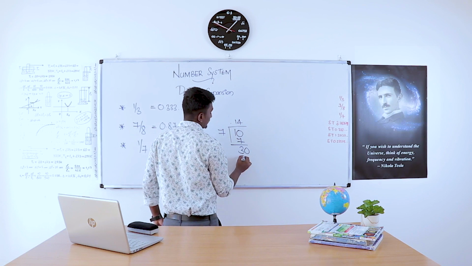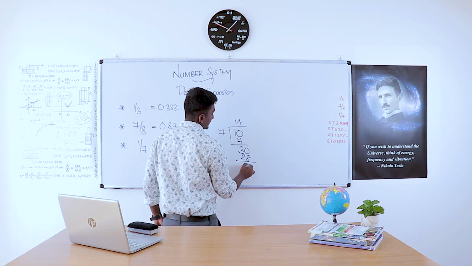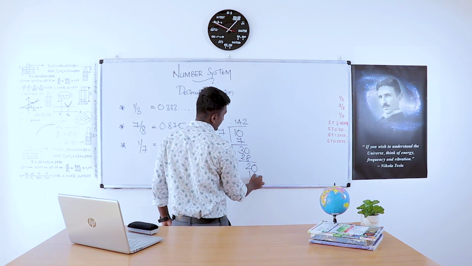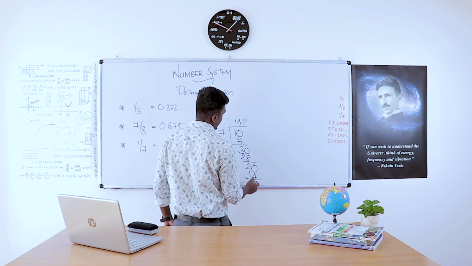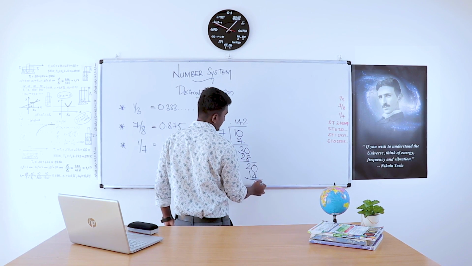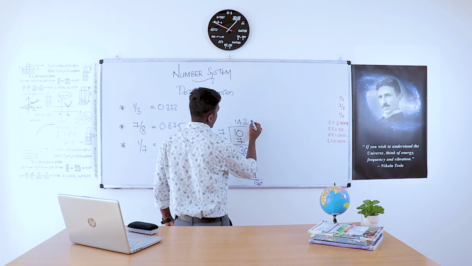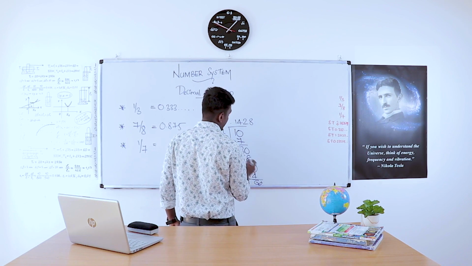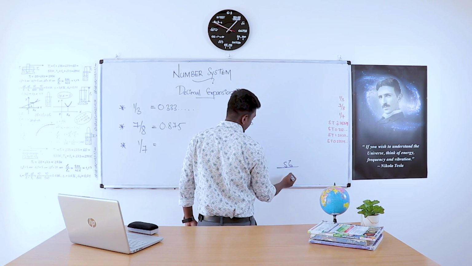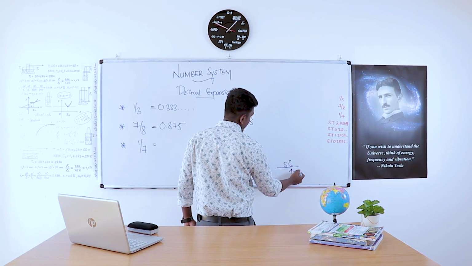Then 7 into 4, 28. Remainder 2. It becomes 20. 7 into 2, 14. Remainder 6. It becomes 60. 7 into 8, 56. Remainder 4. It becomes 40.